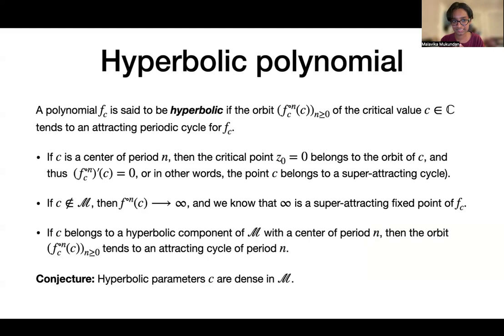So it's possible that C is a center of period n, in which case we saw that the cycle containing C necessarily has to contain the critical point also.